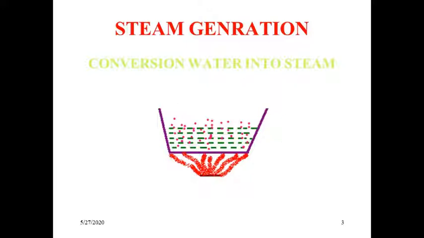As I told already, it is related to pressure and temperature, and there is a term which is called critical pressure, and when we are generating steam below the critical pressure, it is called subcritical pressure operation.